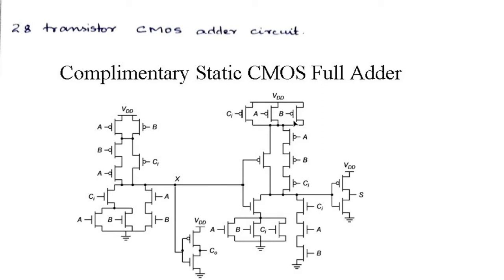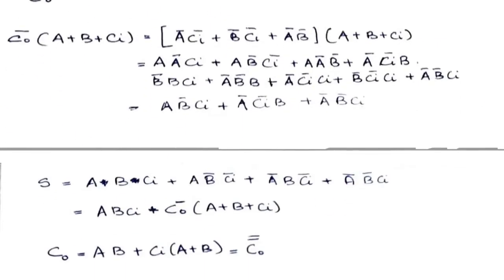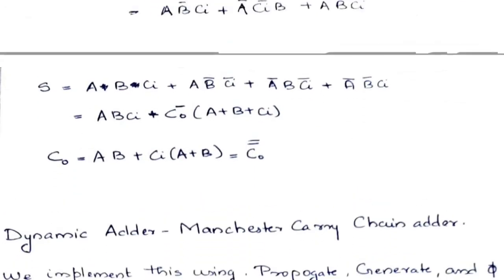We can see ABCI for the NMOS and ABCI for the PMOS, and we also have the other plus part, which is C0 bar into A plus B plus Ci. That's how the sum is obtained. As we did for C0, we also do the inversion to get the sum. So that is basically the static adder, which is a simple principle, but it becomes complicated on the hardware side because of the number of transistors. That is why we have to look for alternate options.